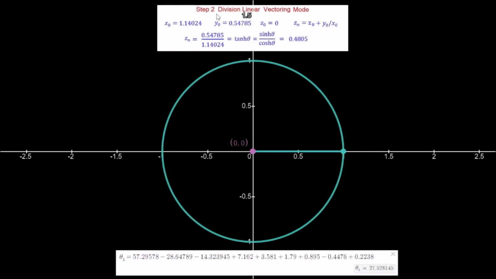So now we work through stage 2, which is our division, which is a linear vectoring mode. Now we've got to put our values in from the previous stage for our x1 and y1. So our x1 was 1.1415 and our y1 is 0.5501.